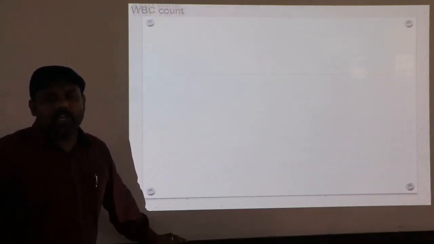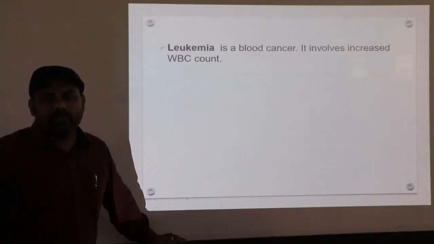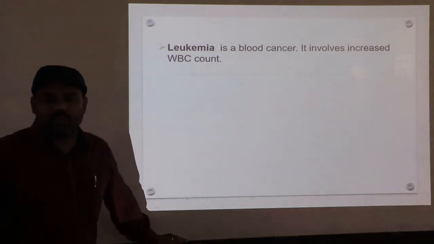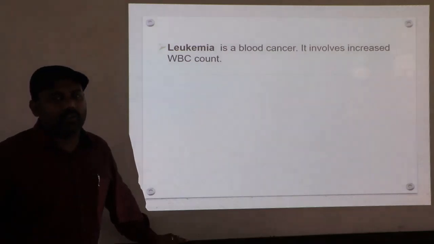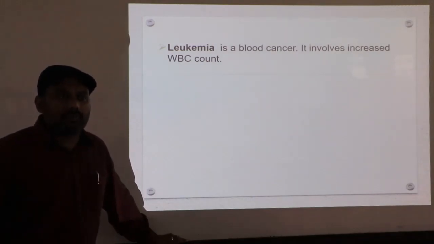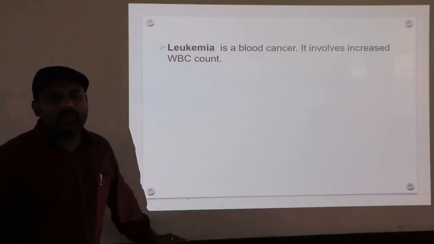Then next one is leukemia. As we know, it is simply called blood cancer. Do remember, blood cancer refers to leukemia. The word refers to leukocytes, simply called WBCs, isn't it? Most people believe that leukemia refers to blood cancer. No doubt, it is a blood cancer.